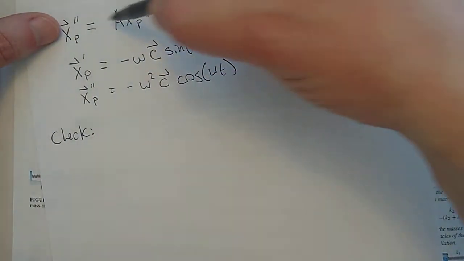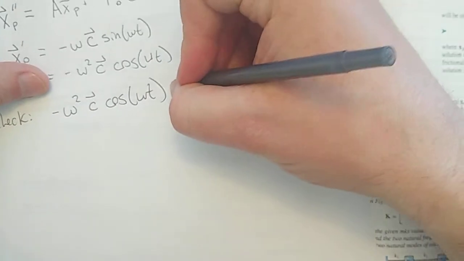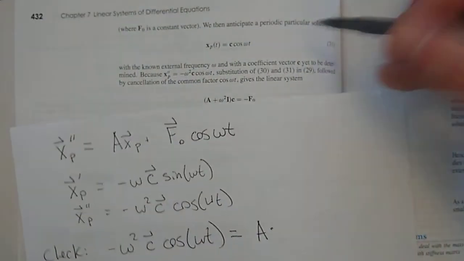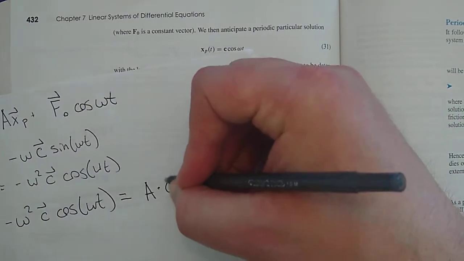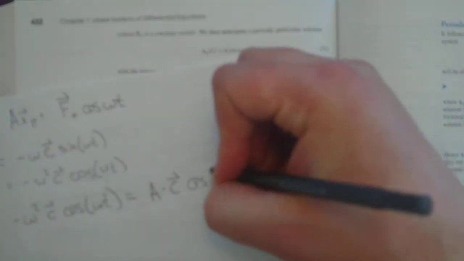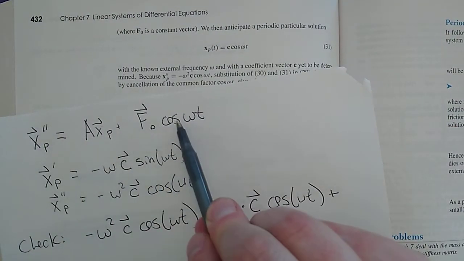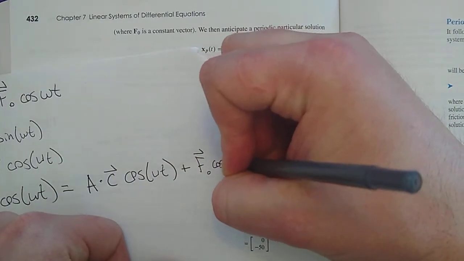I want to put this in here, so let me put in the second derivative: negative omega squared c cosine omega t equals A times, and then let me replace xp with what it is, so c cosine omega t, plus, I'm still copying this down, I'm just replacing things, F naught cosine omega t.